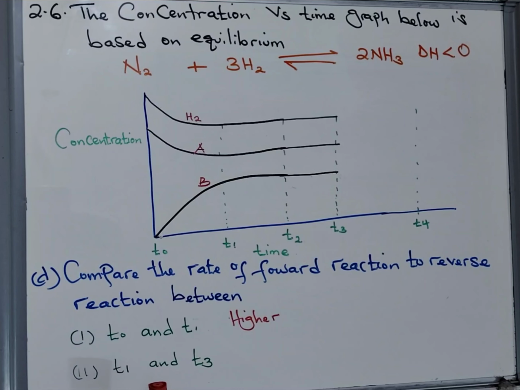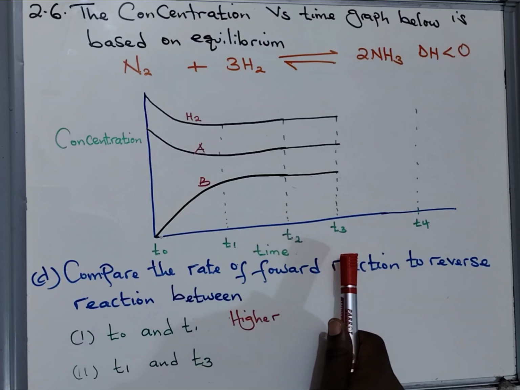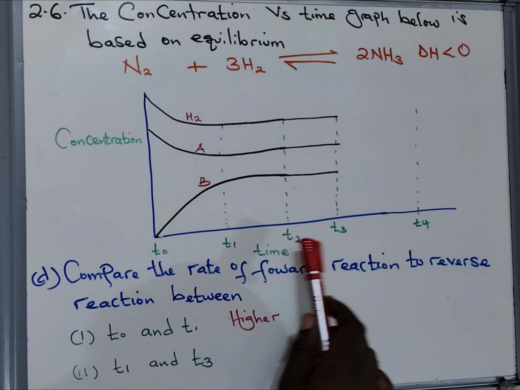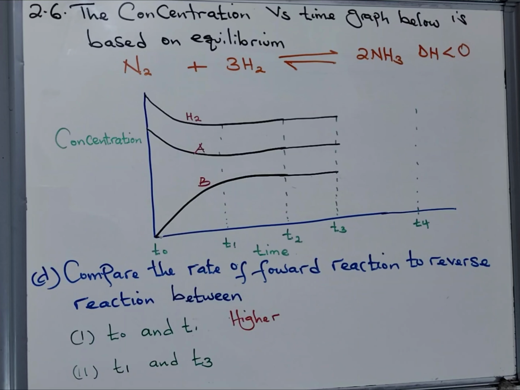Then comes this time range between T1 and T3. How does the rate of the forward reaction compare to that of the reverse reaction between this time range?